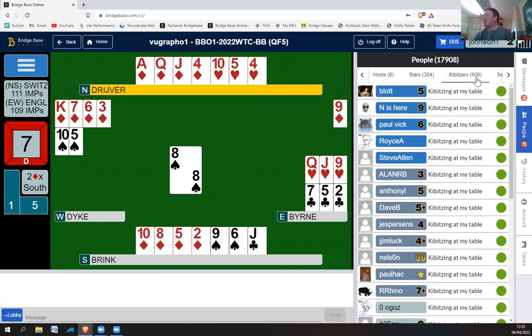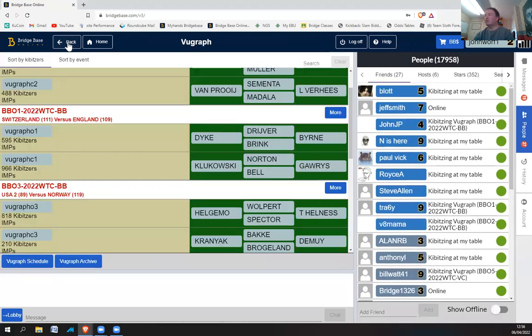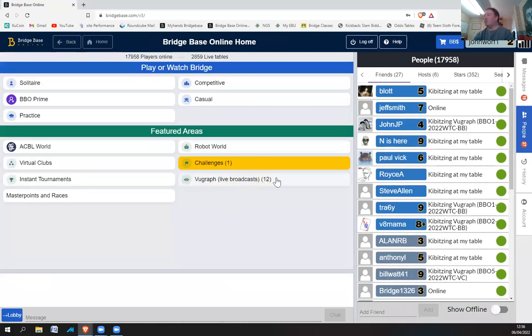At the moment there are 606 people at this table, and a few of my friends are out there kibitzing. So if there are any interesting matches on, go for the yellow bar: Vugraph live broadcast, 12 tables.